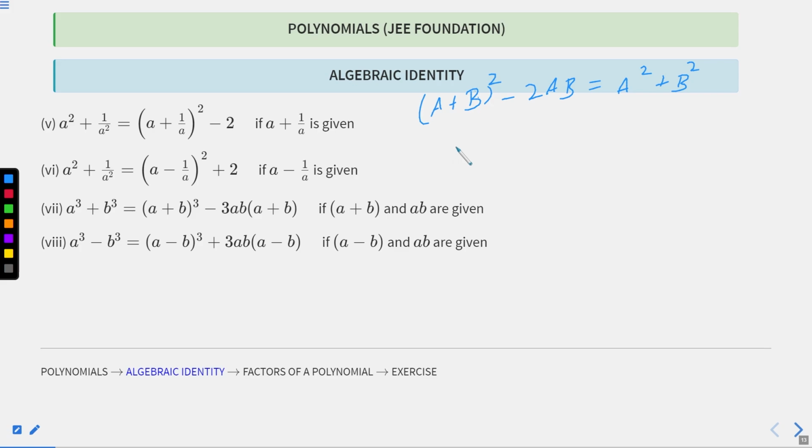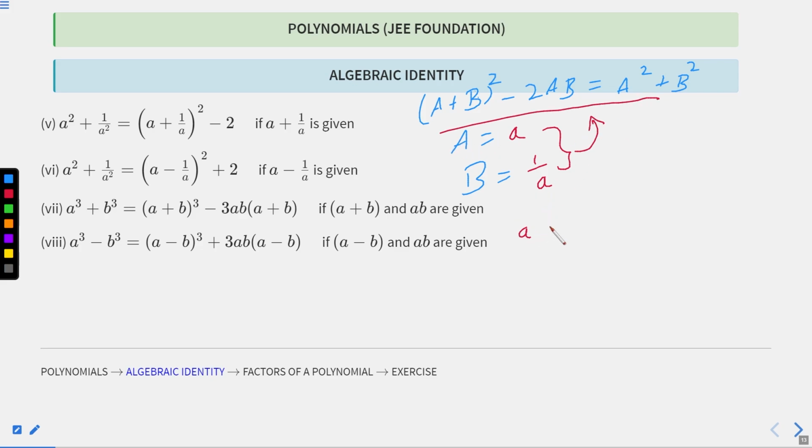Now let a be equal to small a and b be equal to 1 upon a. I hope this is now clear. Then putting these values in my identity, what will I get?